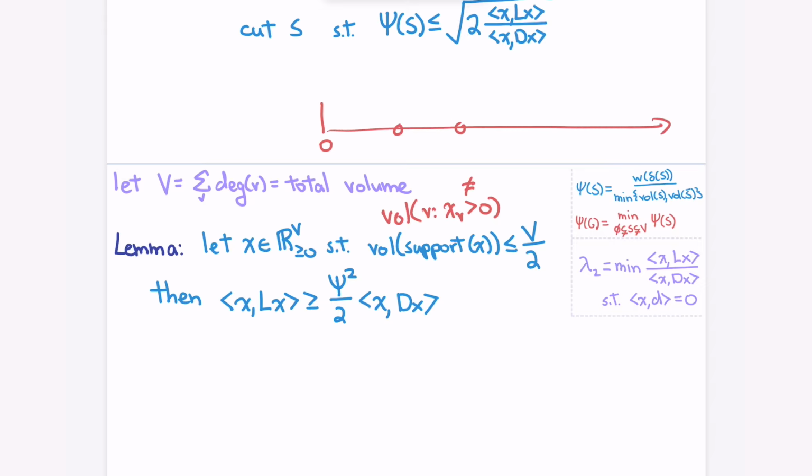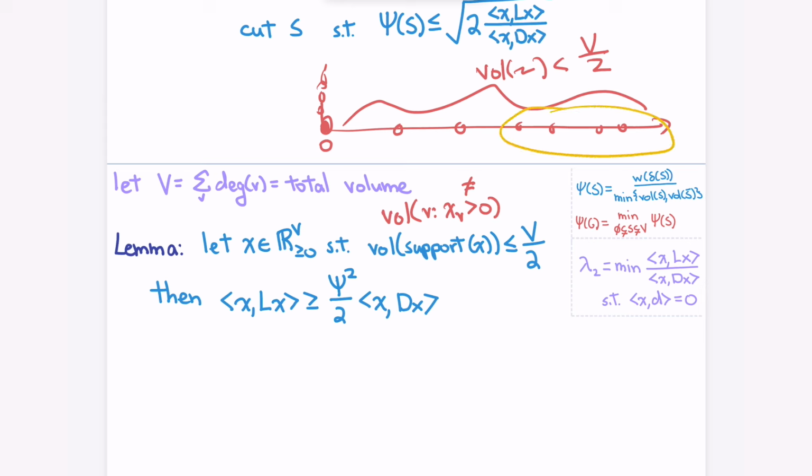You have a bunch of vertices over here and a bunch stacked up here. I'm saying that the volume of the strictly positive vertices is at most half of the volume of the entire graph. In particular, all of these sets that look like this will be the smaller halves when you look at the denominator. So these are all small sets in the strictly positive space. In general, we could have vectors on the vertices on the other side too, but we'll figure that out later.